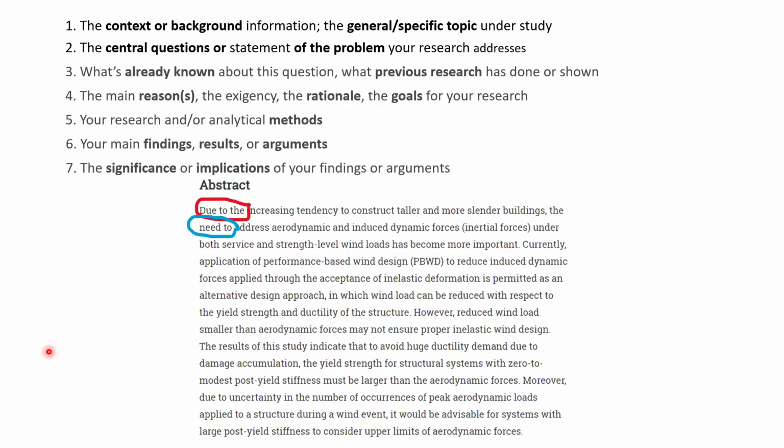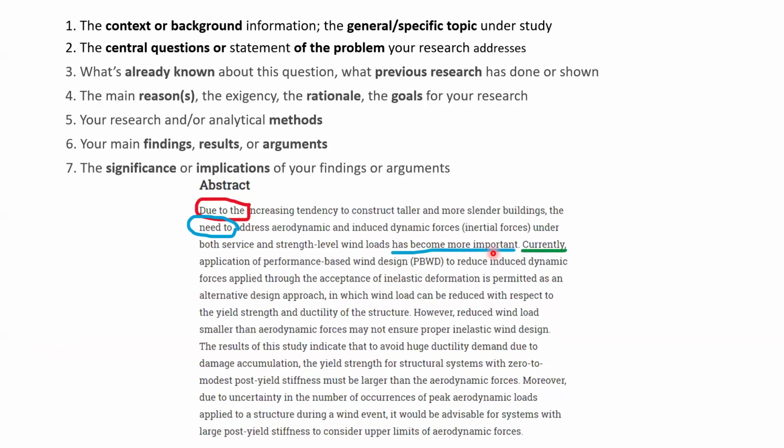So it gives you one, two, three, and so many things. And at the lower part of the sentence, you have this "has become more important."